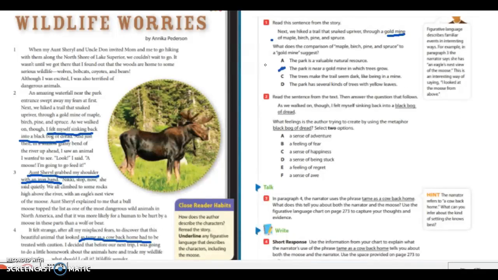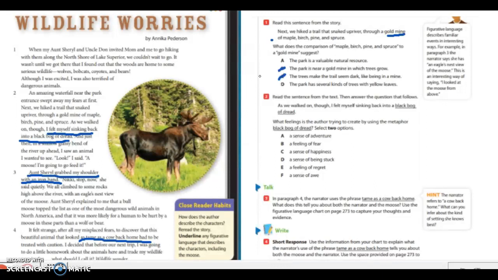And I think when it compares the dark trails to the beginning of the mine, that's not a positive thing, and that's not something that makes people happy. So it's not going to be C, because we decided that a gold mine was an exciting thing, and the beginning of a mine is not very exciting and happy.